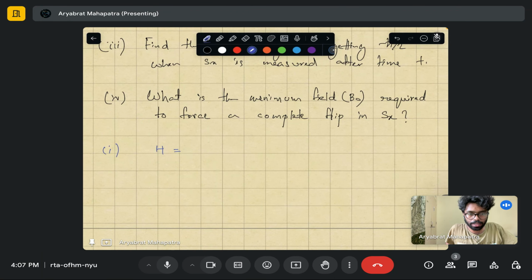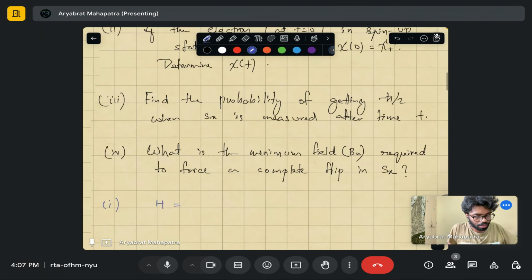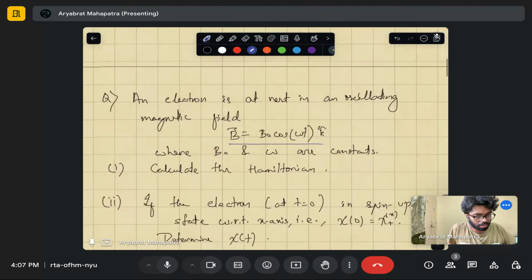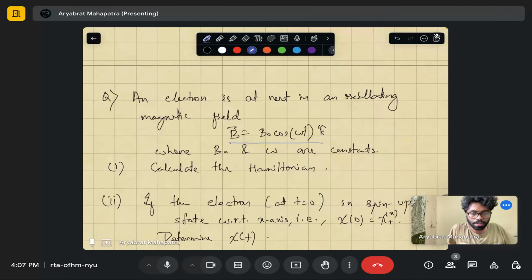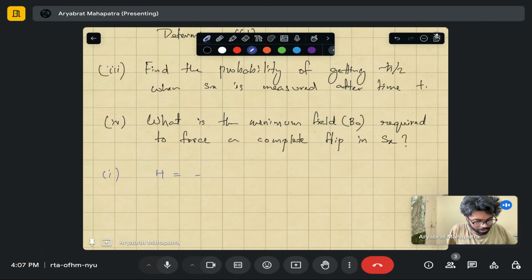From that idea, we will call the energy of that spin-1/2 particle, which is inside this oscillating magnetic field, the Hamiltonian. So I am writing that as minus gamma B dot S.